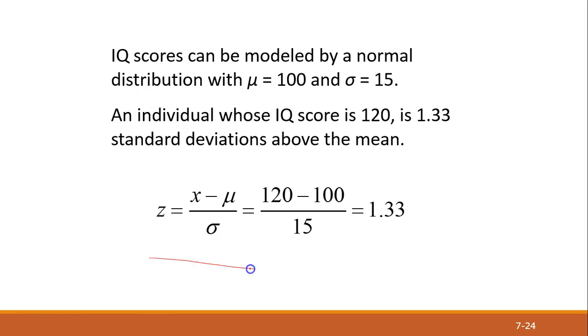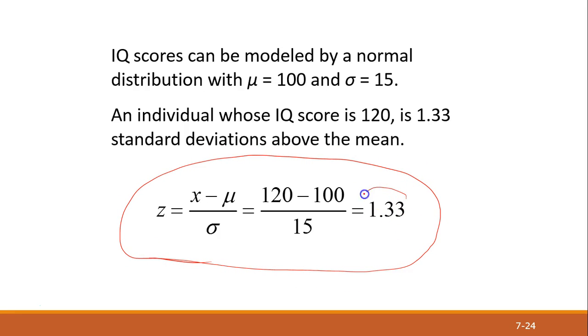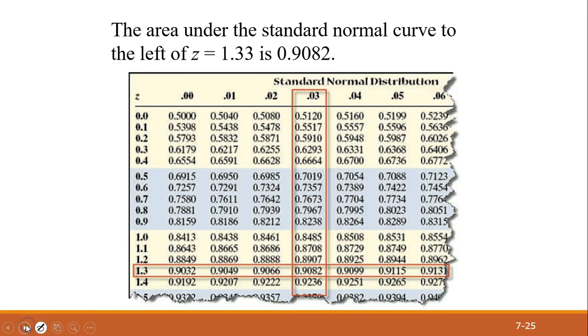We use our z-score to help us in calculating that value. So 1.33 standard deviations above the mean, we're going to use that 1.33 to help us in finding the probability of sorts.